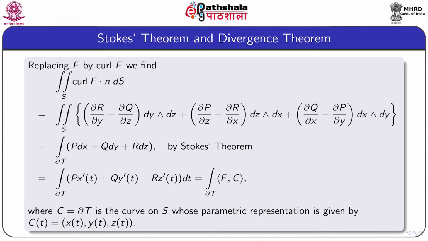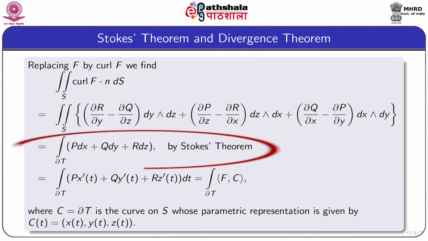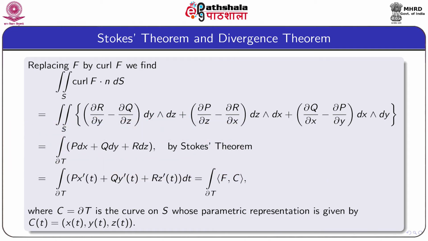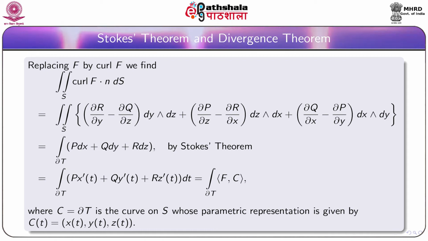In the above relation, we replace F by its curl, and so we find the surface integral over S of curl F dot n dS. So, here P, Q, R are replaced by the components of curl F, that is ∂R/∂y minus ∂Q/∂z, ∂P/∂z minus ∂R/∂x, and ∂Q/∂x minus ∂P/∂y. And by Stokes theorem, this equals the line integral over ∂T of P dx plus Q dy plus R dz.